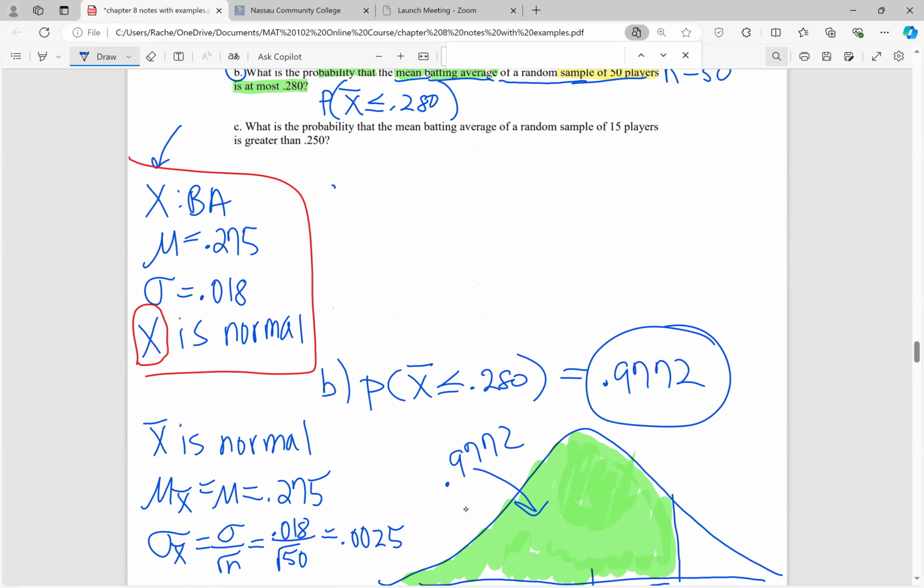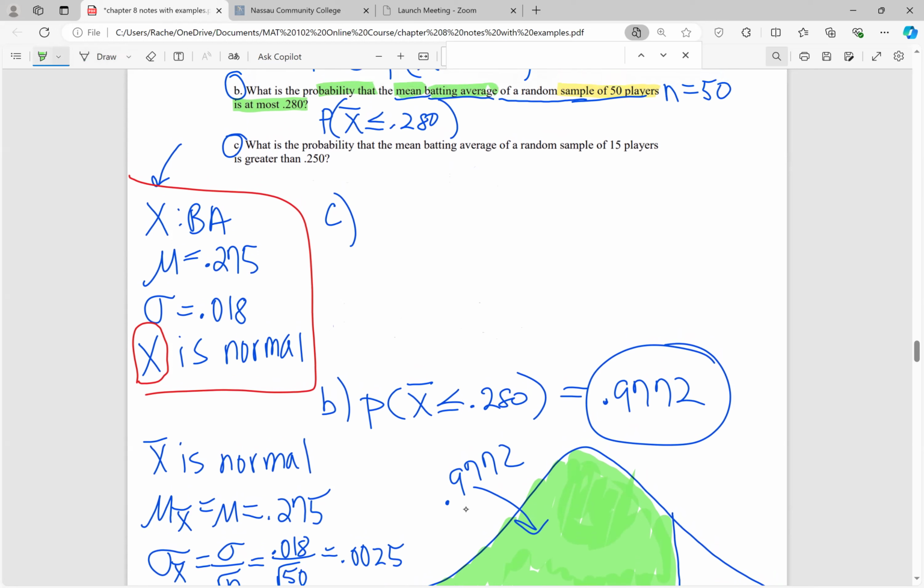Okay, so part C we'll do right here. So what is the probability that the mean batting average of a random sample of 15 players is going to be greater than 0.250? Very similar to B, except now I'm changing the sample size.